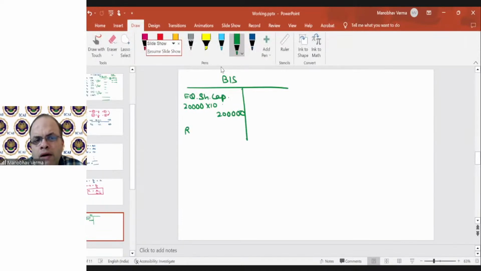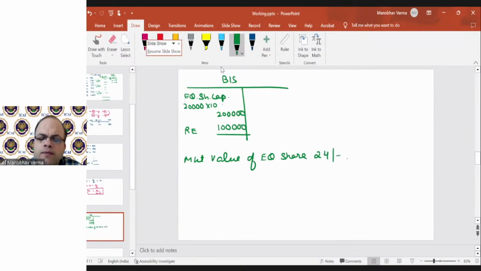And then we also have retained earnings of 1 lakh. And let's say the market value of the equity share is 24. So guys, what will be the total value of the equity as per the market?